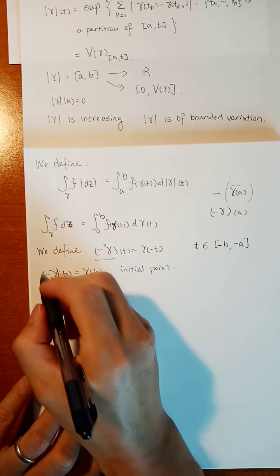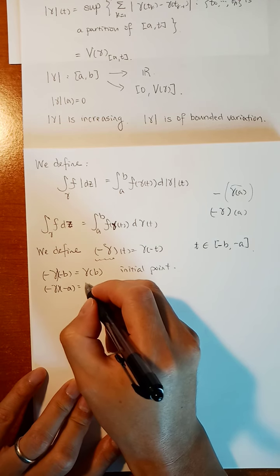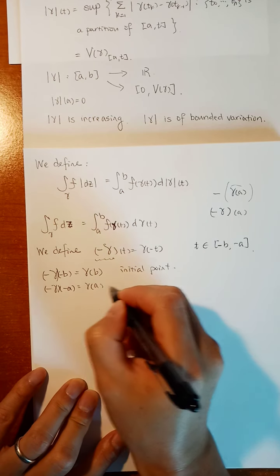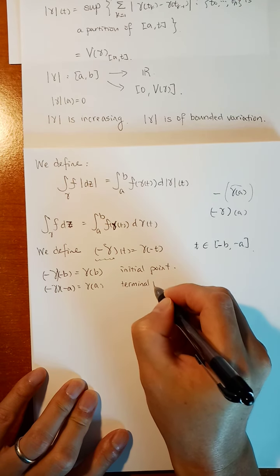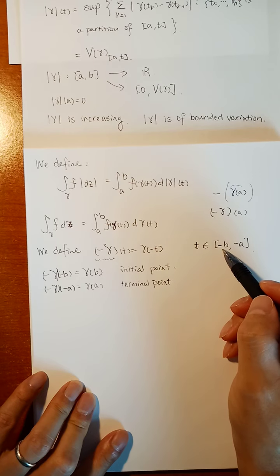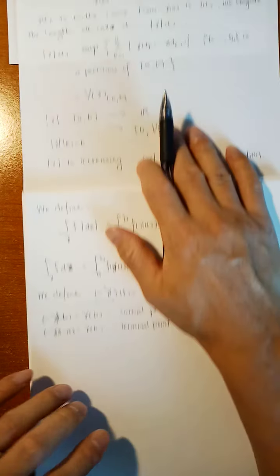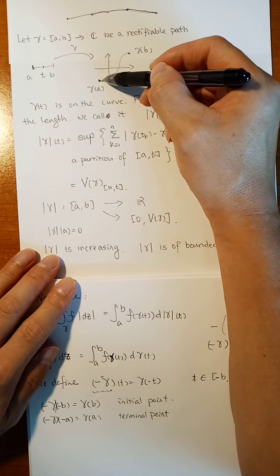So negative gamma evaluated at negative a is gamma of a. This is the terminal point. When you move from negative b to negative a, you move from gamma b along the curve to gamma a.